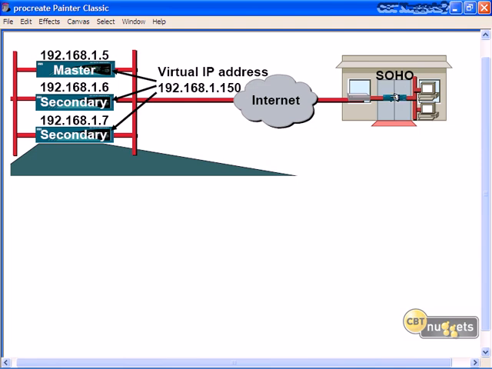So all of these small office, home office sites, all of the branch sites, all of the remote users that are accessing are basically going to configure their software to connect to address 1.150. But behind the scenes here, you've got this cluster of three devices, a master device and two secondary devices, and it's a combination of hardware and software that provides this cluster failover solution.